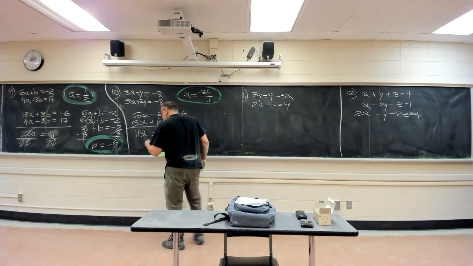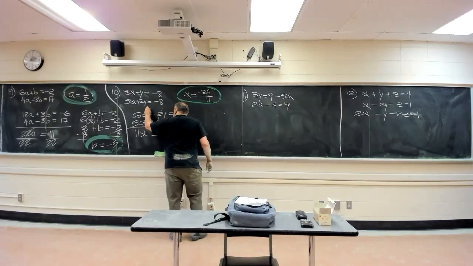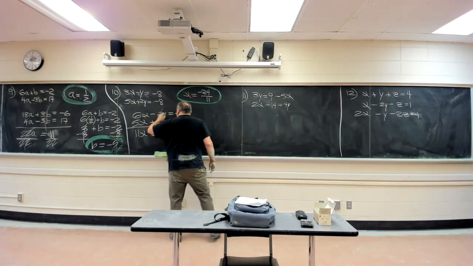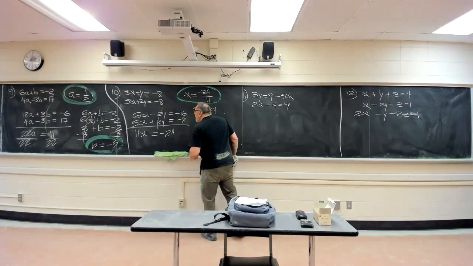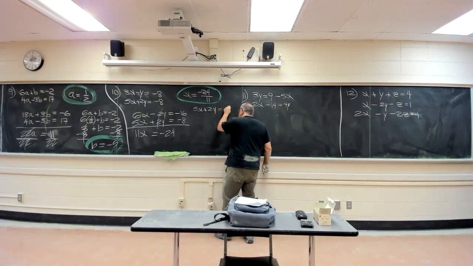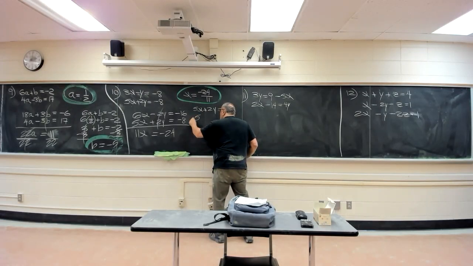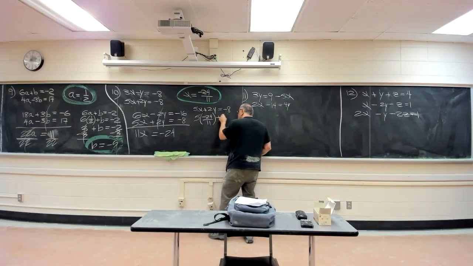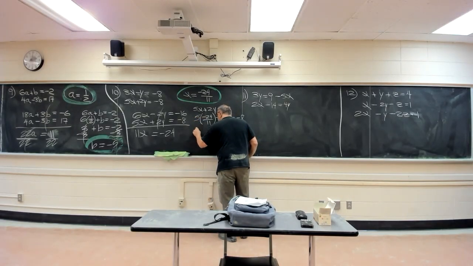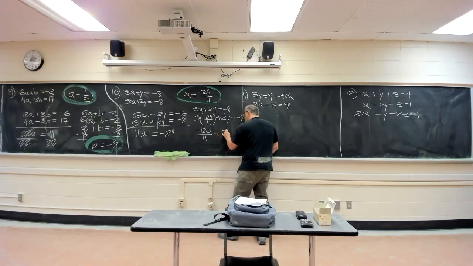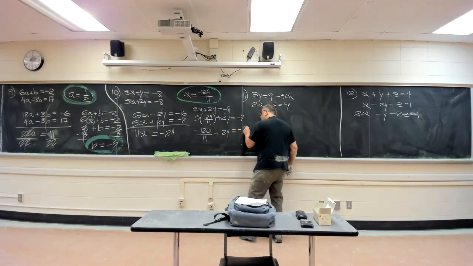Let's solve for Y. We're going to use the second equation right here: 5x plus 2y equals negative 8. X is negative 24 over 11. 5 times negative 24 is negative 120 over 11, plus 2y equals negative 8.